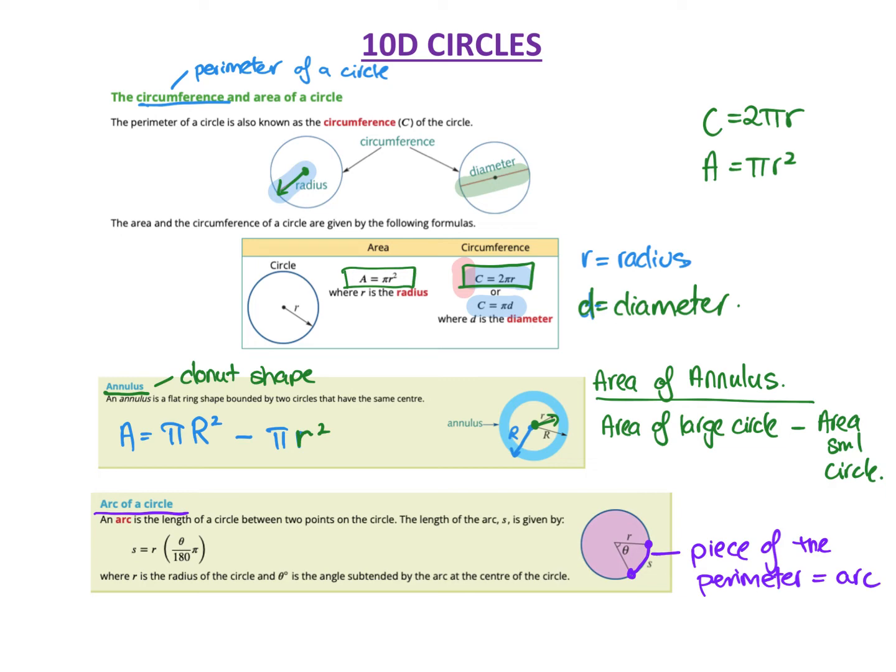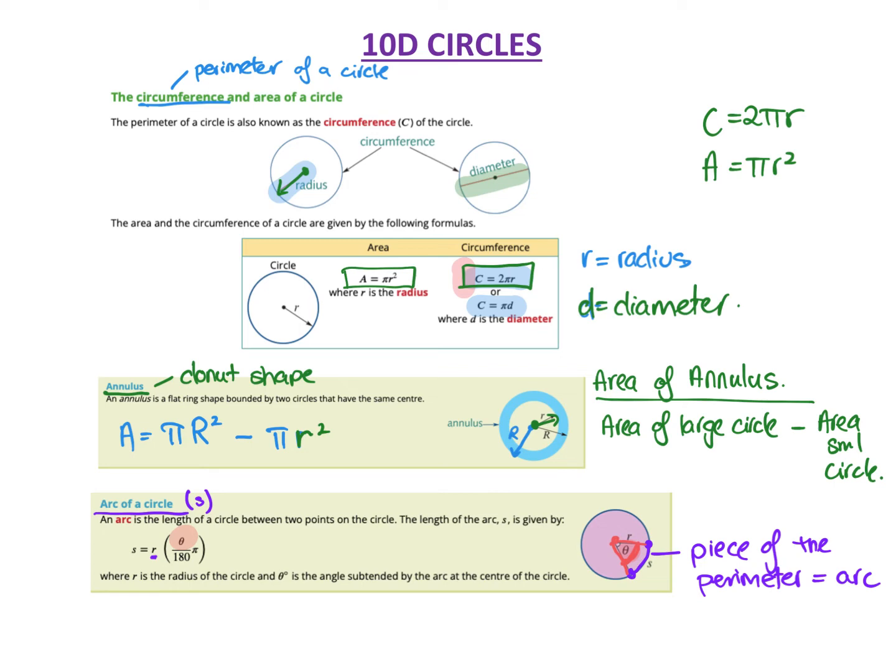So this is the formula you're going to use, and they often use the little s to stand for arc, but that's okay, it doesn't matter too much. And you can see they're using the radius again, so you'll need the radius. And you also need the angle in here, the angle between those. So you'll see it in the diagram. We have one point going to the center, and out to the other point. So that angle in there is the angle you need. And they'll give that in all the questions.